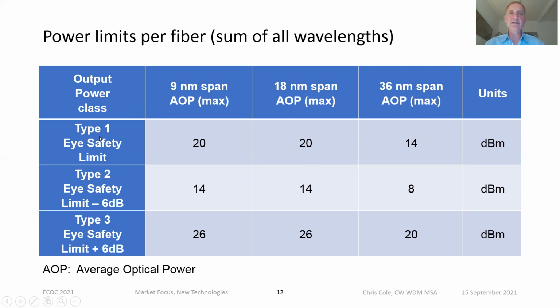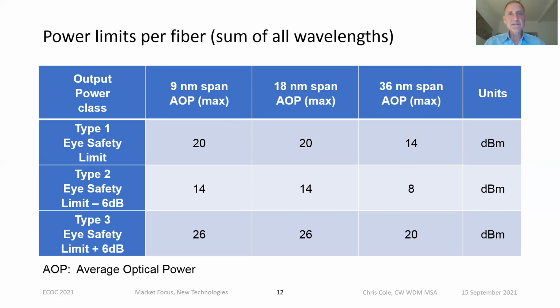Type 1 is right at the eye safety limit. So 18 and 36 nanometer are right at the eye safety limit. Then the 9 nanometer span could have been higher, but we chose to keep it same as 18 nanometers as a subset.